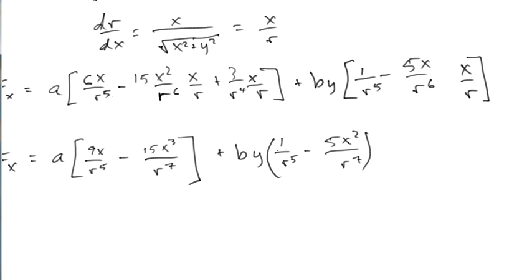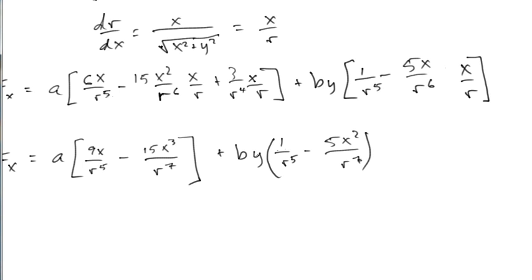Let's see, dimension-wise, this will be 1 over length to the 5th, 1 over length to the 5th. This is 1 over length to the 4th, and 1 over length to the 4th. So these two are consistent with each other.